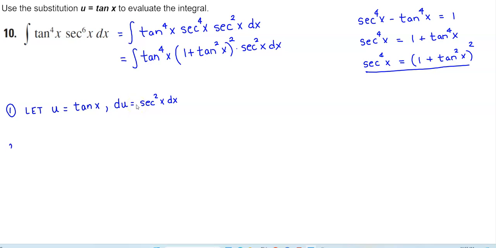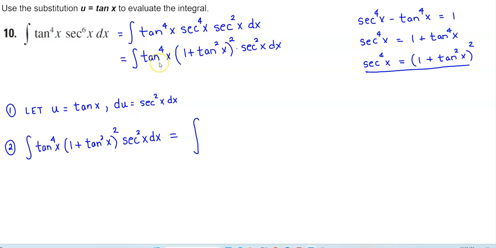So now let's go ahead and rewrite that integral of the tangent to the 4th power x times 1 plus the tangent squared x squared times secant squared x dx. And now we're going to go ahead and substitute.